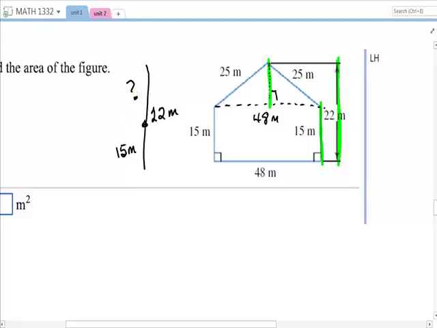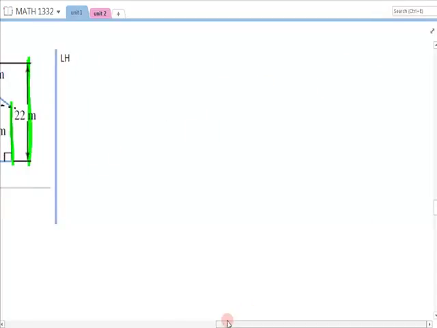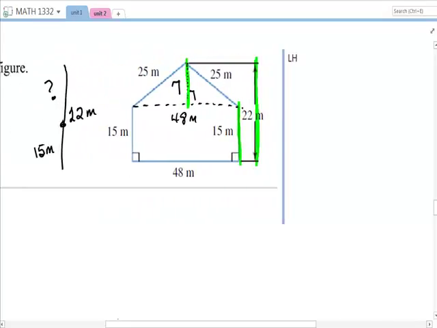So, like Joel said, I can take 22, the whole thing, subtract one of the pieces of 15. 22 minus 15 gives me what? 7? Obviously, I don't have mine drawn to scale, but this little piece is 7. Does that make sense to you? Sometimes I put my wrist on this and it moves. This 7, which is vertical, this 15, which is vertical, have to combine together to make 22.